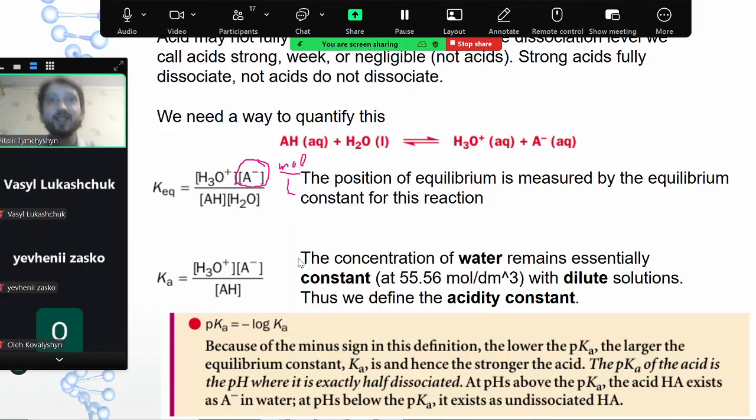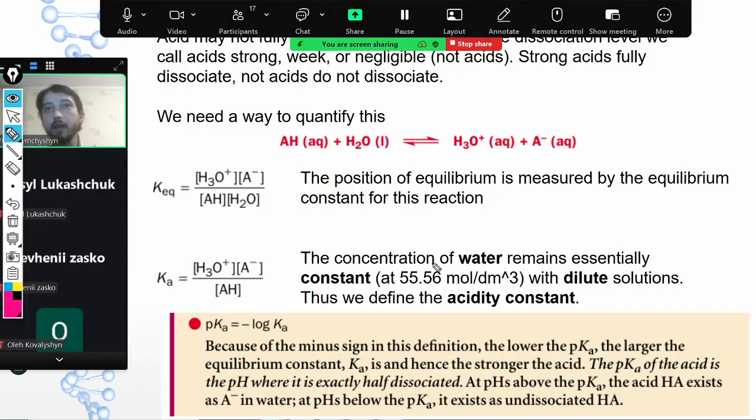Zero? No, it's not zero. That would be a bit strange. That's some sort of reasonable number. So you can calculate, if you have a liter of water, it weighs 1 kilogram. You know that 1 mole of water weighs 18 grams. So you can calculate the number of moles of water in 1 liter, and that will be basically the concentration in moles per liter.